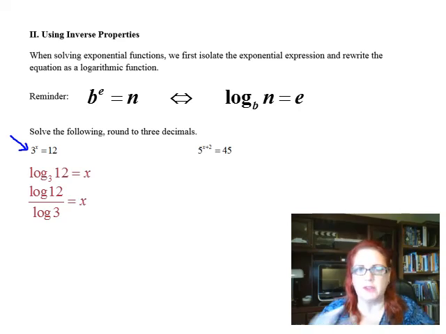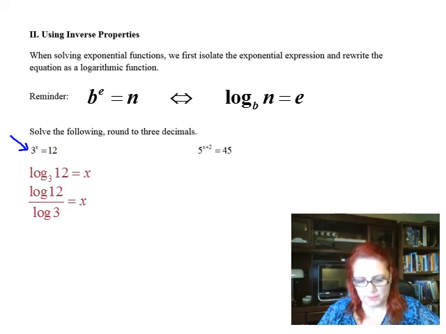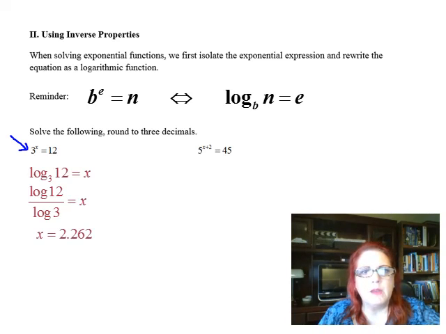Now I can grab my calculator and put in log 12. Don't forget to close your parentheses and divide by log 3. Once again, close your parentheses, and then you're going to round to the nearest 3 decimals as given in the directions. So x is equal to 2.262.